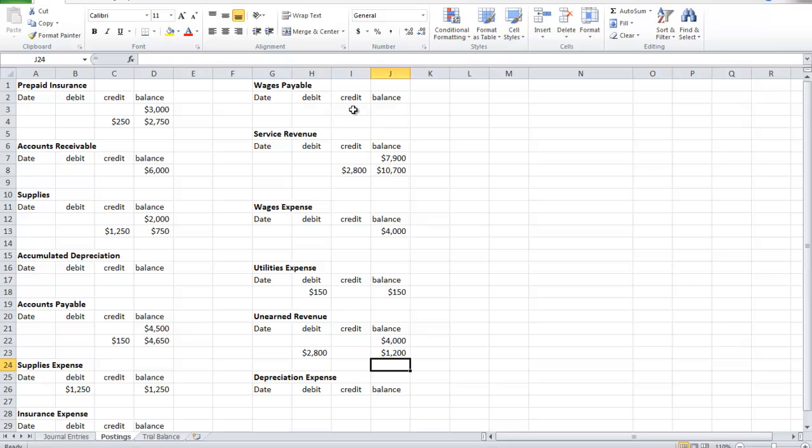So on the posting, we have wages payable. $1,900 is our balance. And then wages expense increases, i.e. debit for $1,900. So my total wages expense is now $5,900.